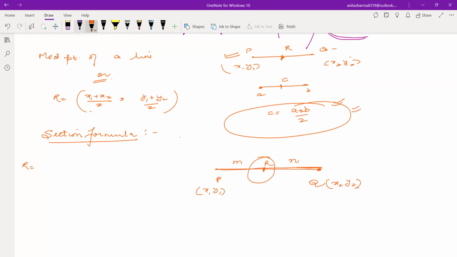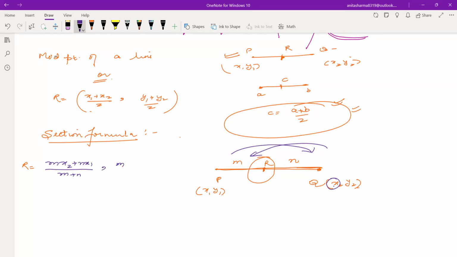You can learn this like this, cross multiply. It means, first of all, you will multiply the x coordinates by m. So it will be mx2 plus nx1 upon m plus n. Fine, beta? Because you need to write x2 first.